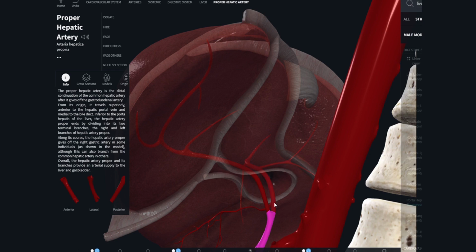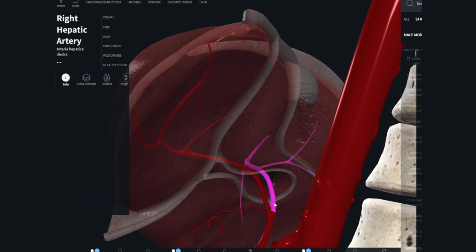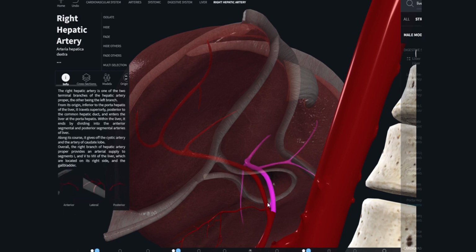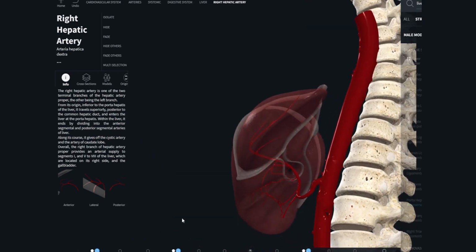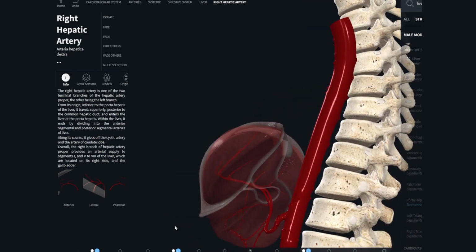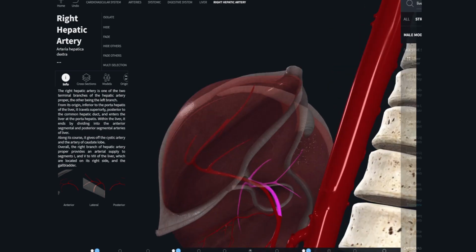So this is the right hepatic artery, and that one is the left hepatic artery. Another thing to consider is that the right branch of the hepatic artery also gives rise to the cystic artery that supplies the gallbladder.